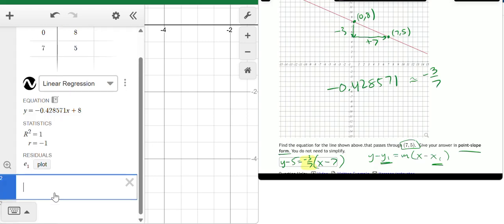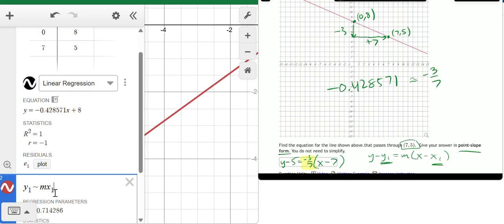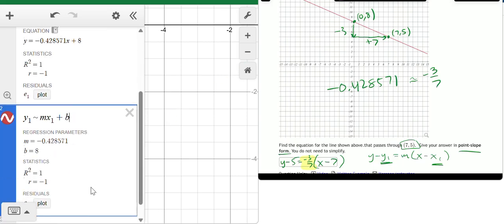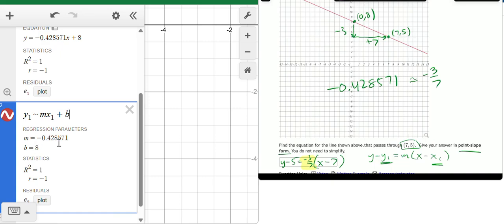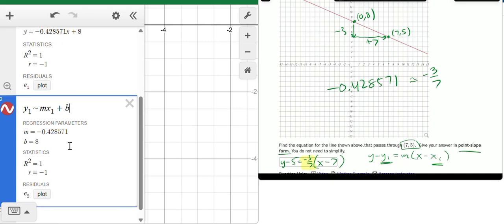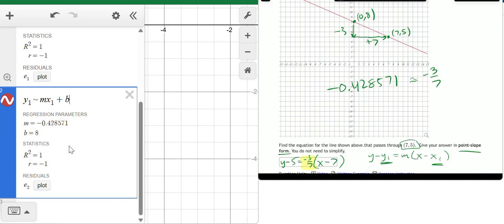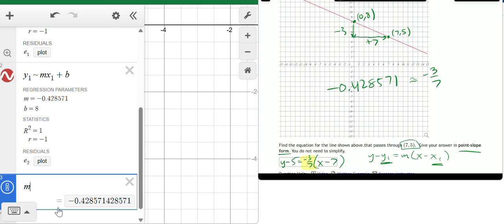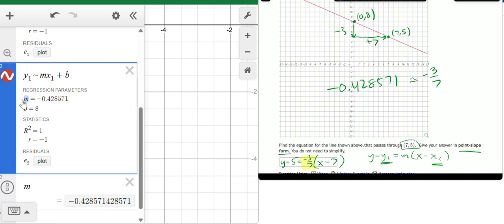Now, what if we did the old method of y1 is similar to mx1 plus b? Notice it breaks everything down. We have our slope, we have our y-intercept. So if you feel like you need to put the rational form from this, if we just type in an m in an empty spot, it's pulling up this m right here.